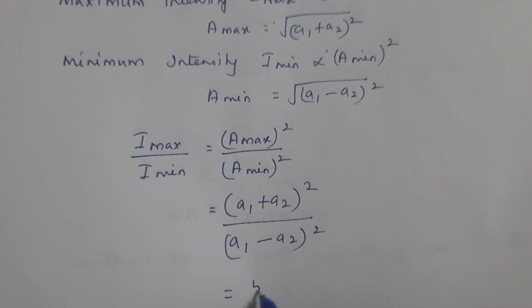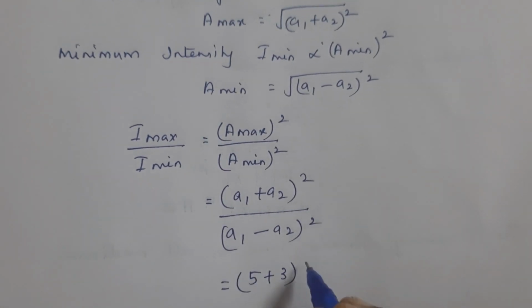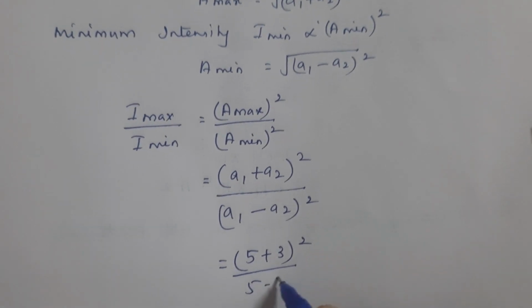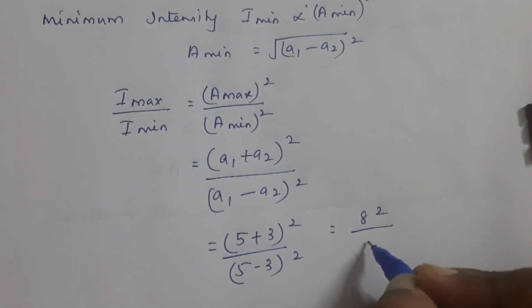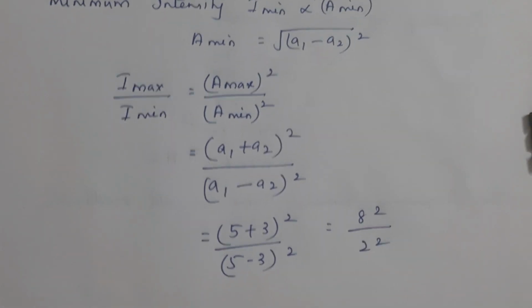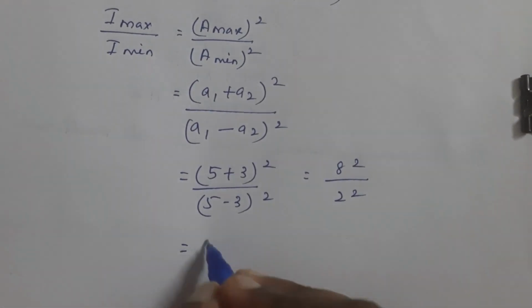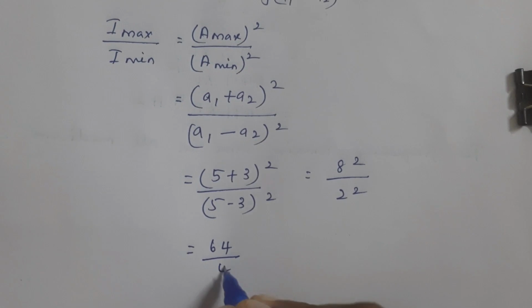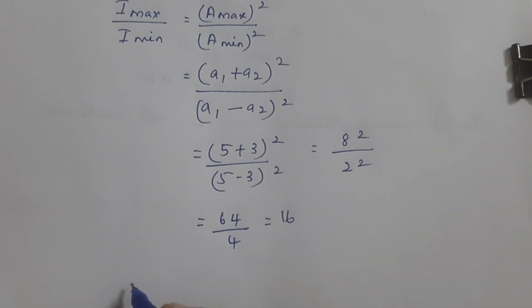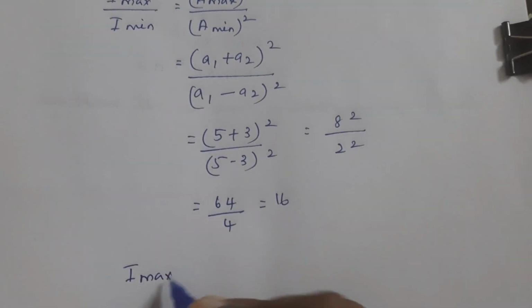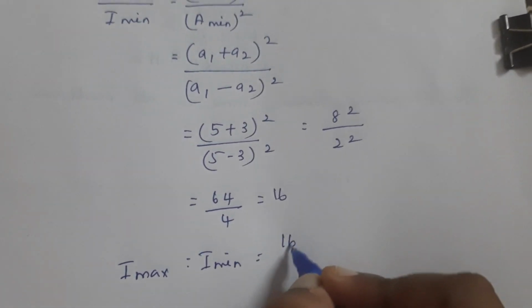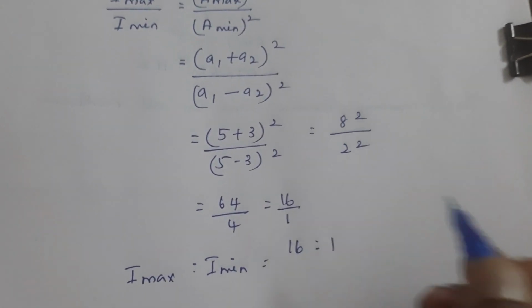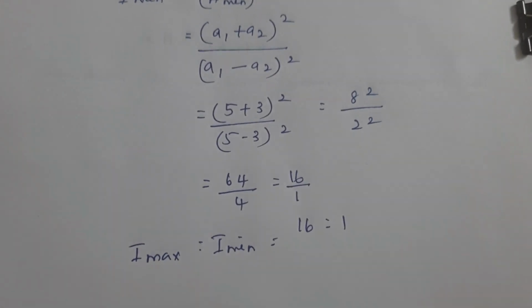Now substituting, it is 5 plus 3 the whole square by 5 minus 3 the whole square. So it is 8 square by 2 square. Okay. So which is equal to 64 by 4, which is equal to 16. So I maximum is to I minimum is equal to 16 is to 1. So if you write it like this, it is 16 is to 1.